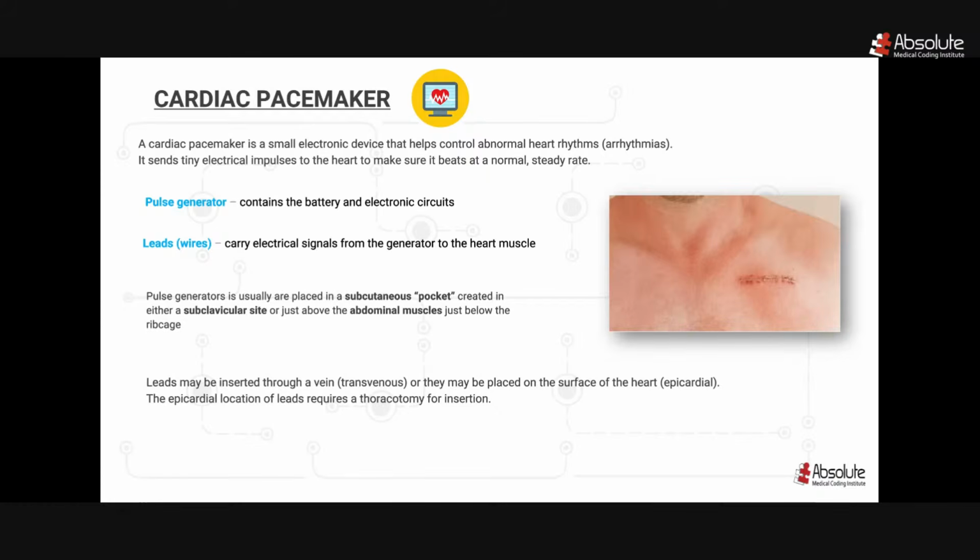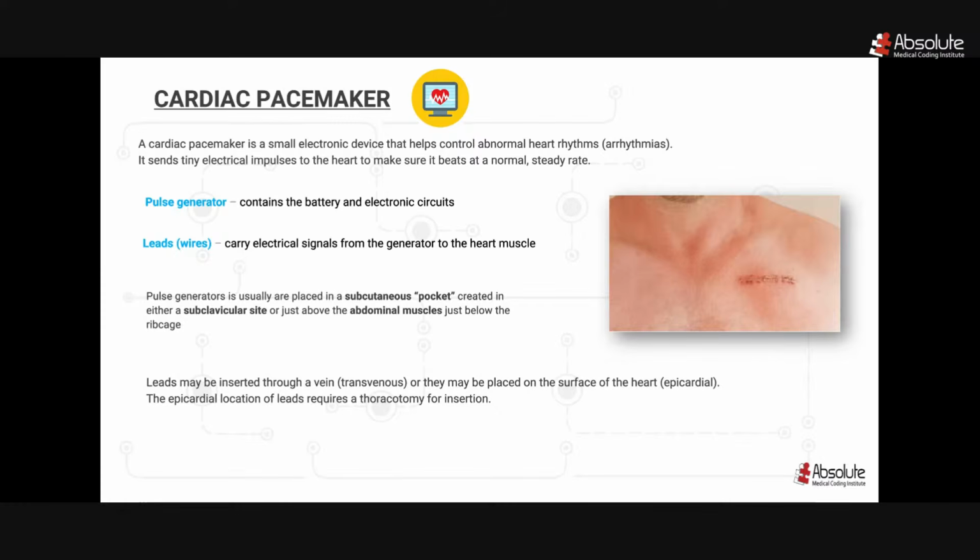And next, let's see how the leads get into the heart. There are two ways the leads can reach the heart. One is transvenous. As the name says, these are passed through the veins and guided into your heart chambers. This is the most common method, and it is less invasive. And there are epicardial leads.